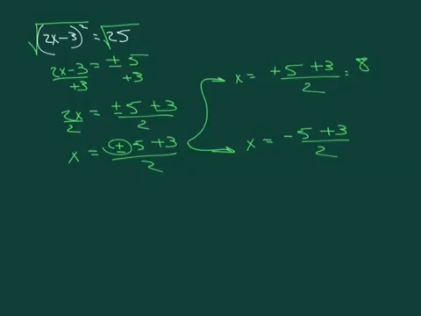So this is 8 over 2, which equals 4. And this is negative 5 plus 3, negative 2 over 2, which is negative 1. So there are my two answers. Again, when there's a 2 up here, you know you're going to have two answers. And we have a 4 and a negative 1 there.